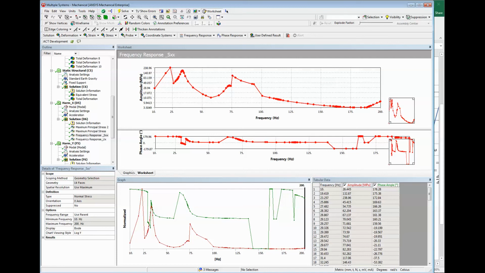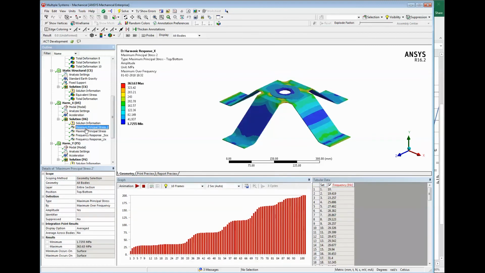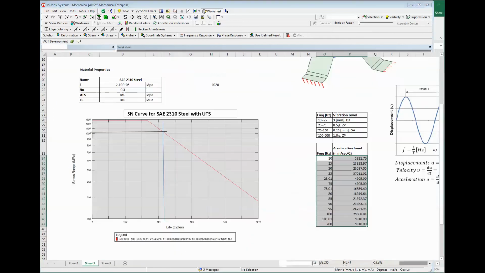In this case, what we have done is that during the stress calculation we have applied the actual acceleration, so there is no need to scale the FRF that we are getting from Ansys Mechanical inside nCode.